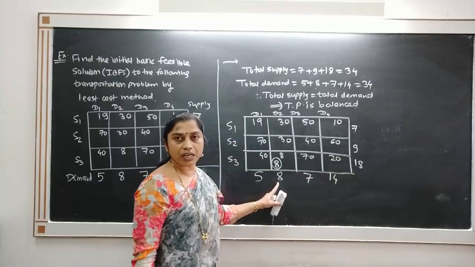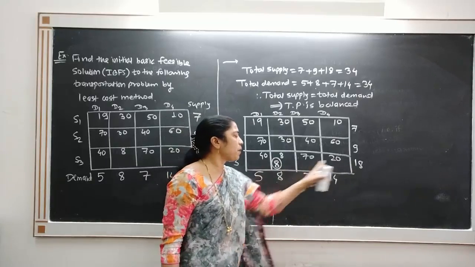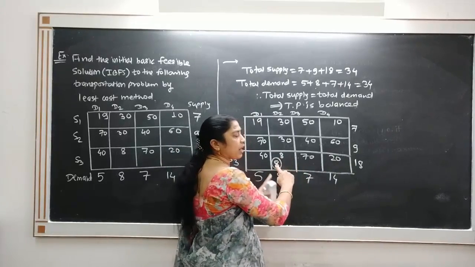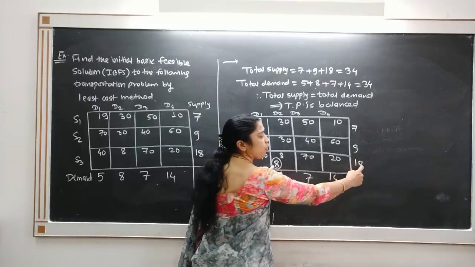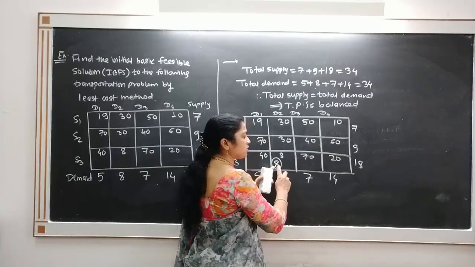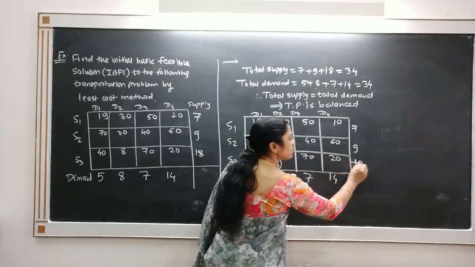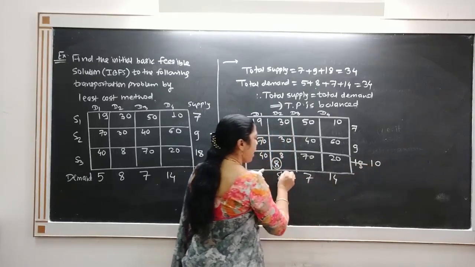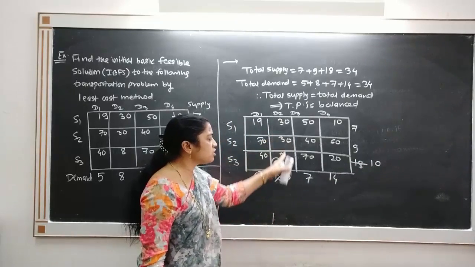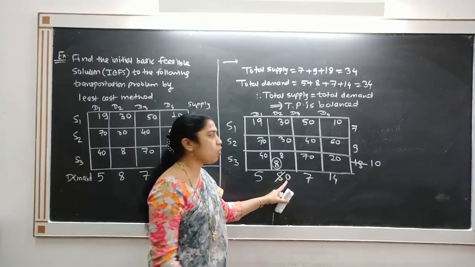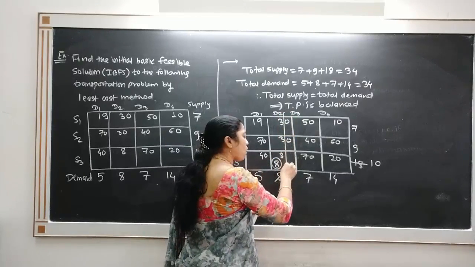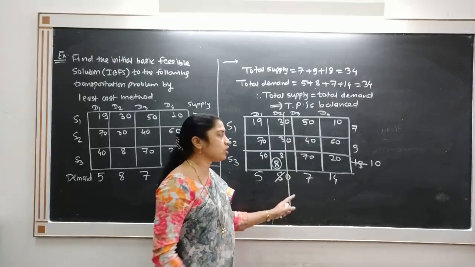Once we allocate 8, adjust the supply and demand: 18 minus 8 remains 10, 8 minus 8 remains 0. Because this column has demand 0, cross out the column.